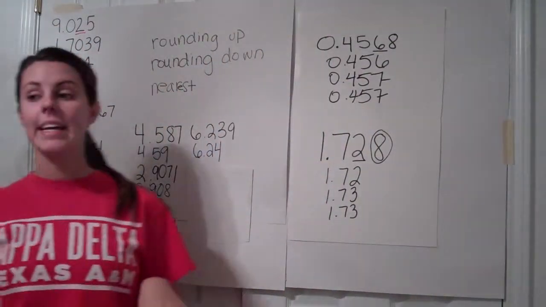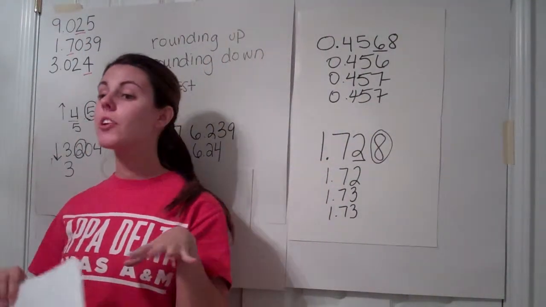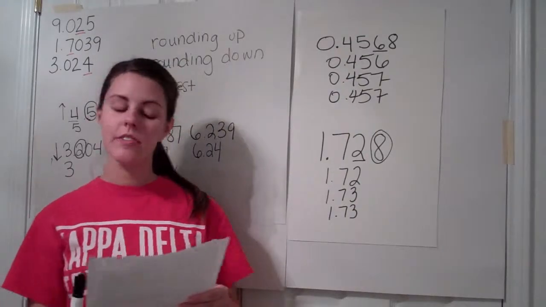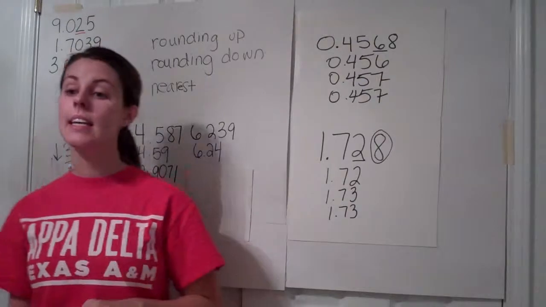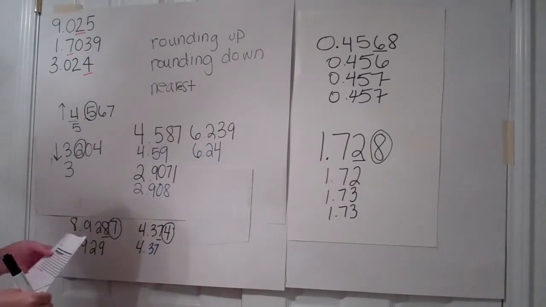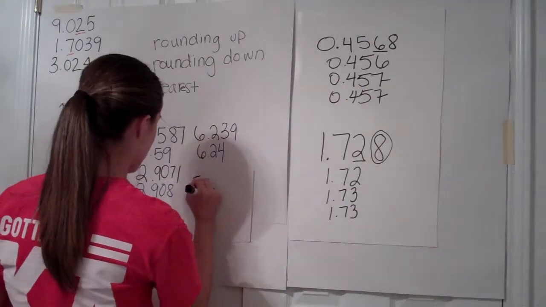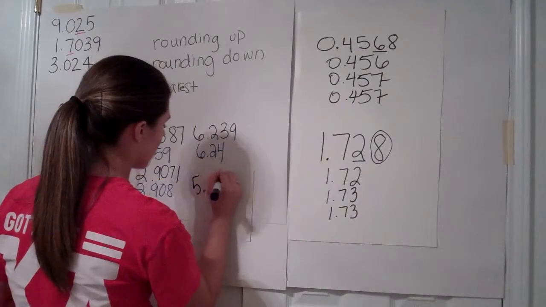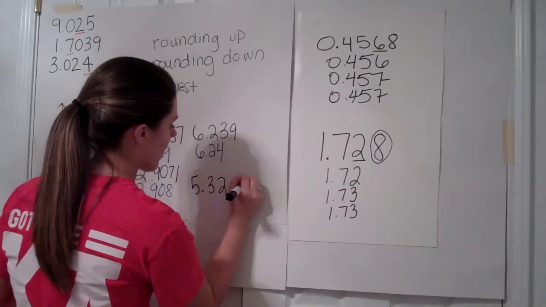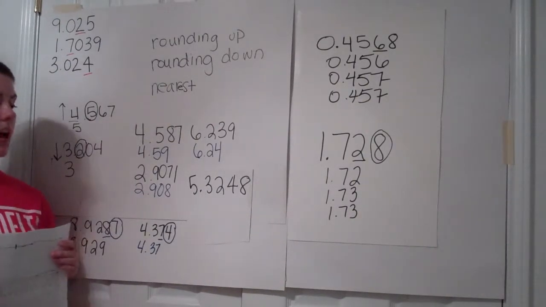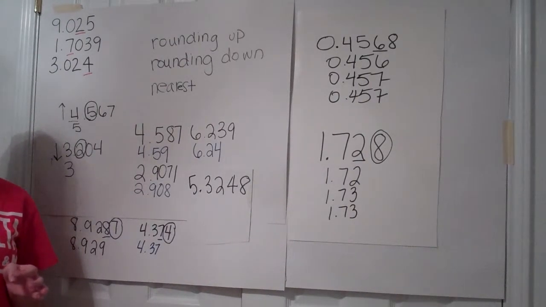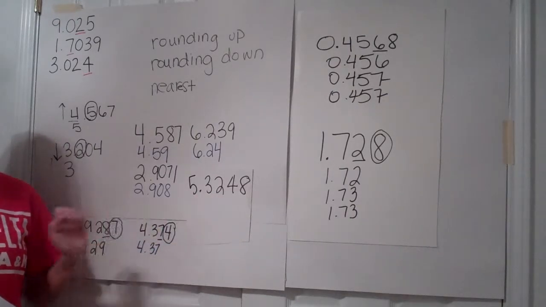So, before we get to playing Jeopardy, I'm going to review a little because I want to make sure you guys really got this down. Okay, if I'm rounding to the nearest hundredth, and my number is 5.3248, would I round up or down? Nancy? We're rounding to the nearest hundredth.